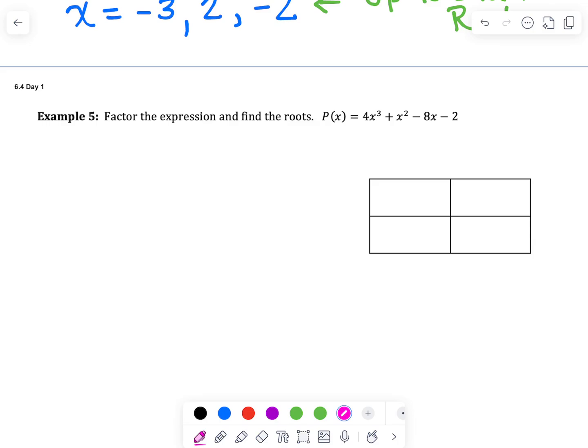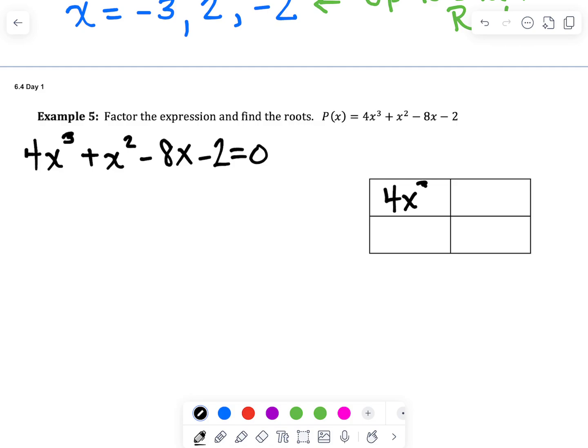So we're going to go ahead and set the function equal to 0. And then put our terms in the box in descending order. So 4x cubed, positive x squared, negative 8x, negative 2. Then we take out our GCFs.